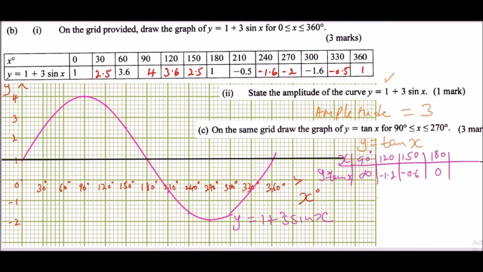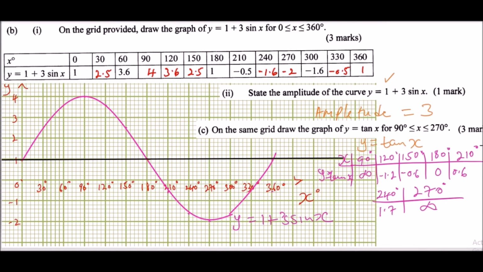We have 210 degrees. These are degrees. We have 0.6. We extend our table here. So we have 240 degrees. The value of y is 1.7, and we have 270. The value of y, or tan x, is at infinity. You note this when you are plotting trigonometric graphs of the tangent.